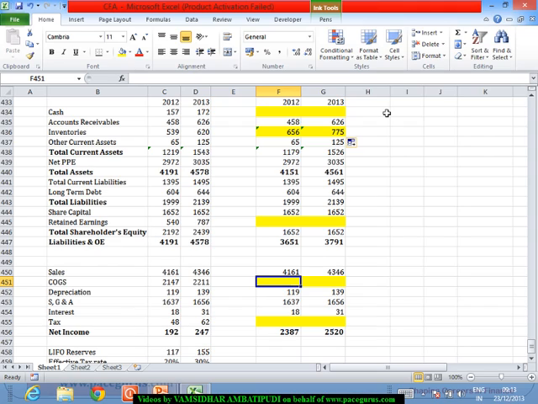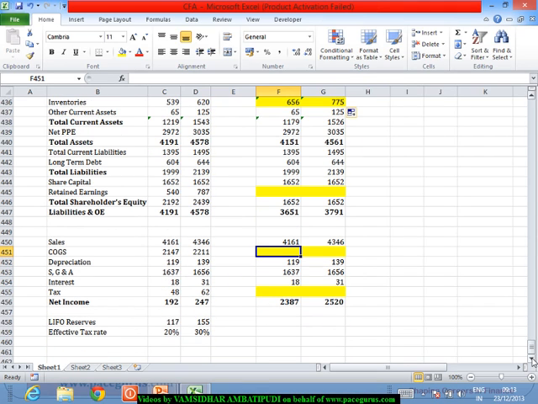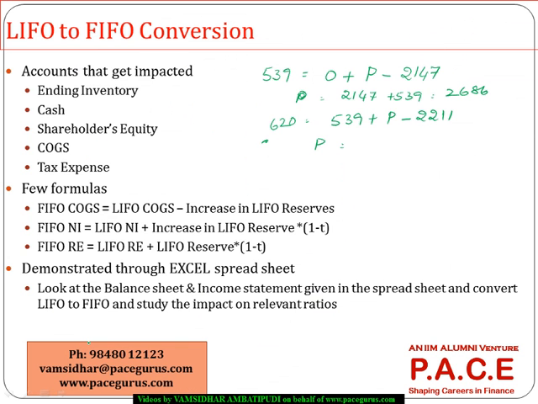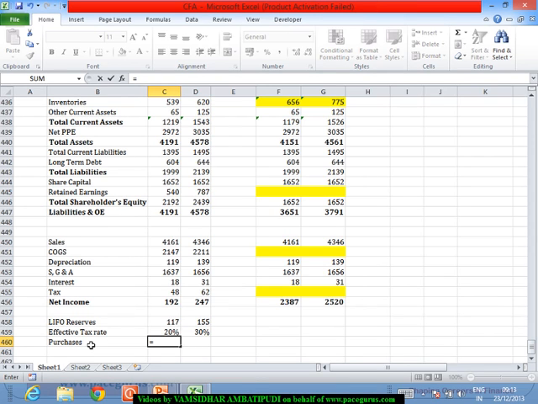Let me put it here. I will do the calculation of purchases in each of the years using this logic. The purchases in each year is nothing but the cost of goods sold plus ending inventory minus the beginning inventory.